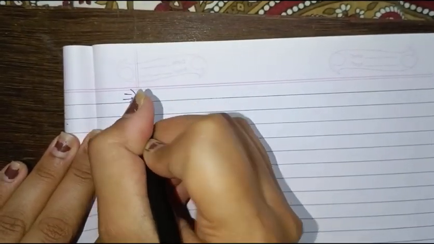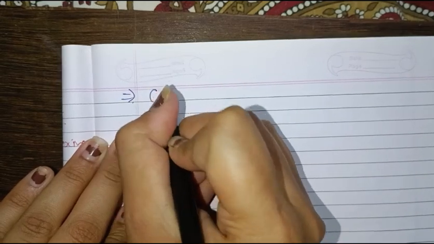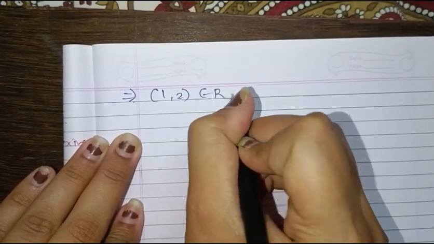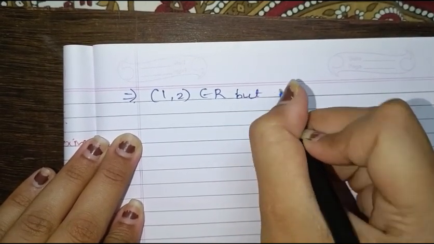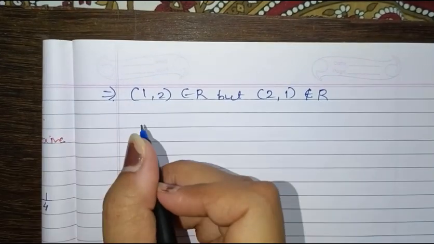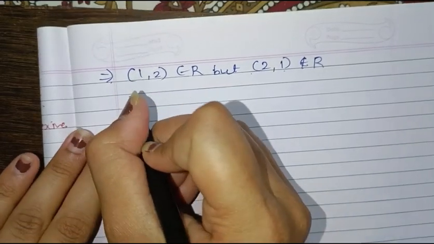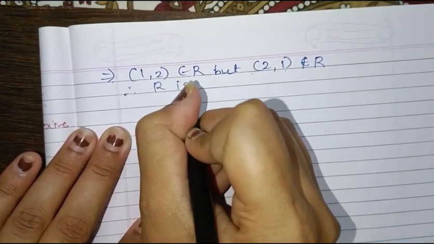Next, for symmetricness, we are taking (1, 2) belongs to R. But (2, 1) does not belong to R. You already know in the relation there is no (2, 1). That's why R is not symmetric.